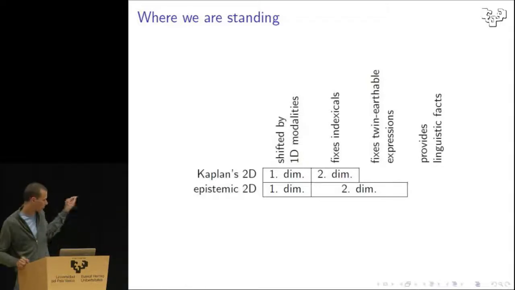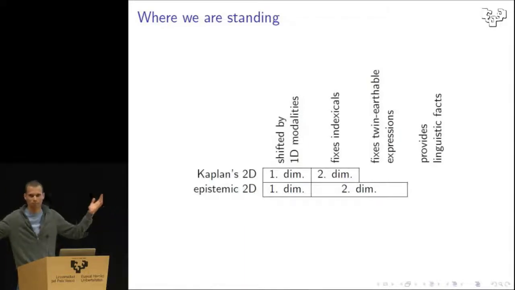So we can represent this here in the first row of this table. And then in the epistemic interpretation, we again have that the first dimension is the one shifted by necessity operators. But now the second dimension has these two roles. First, it fixes the reference of indexicals, but then it also fixes the reference of all kinds of other expressions, and these are all the expressions that you need to get that framework working.